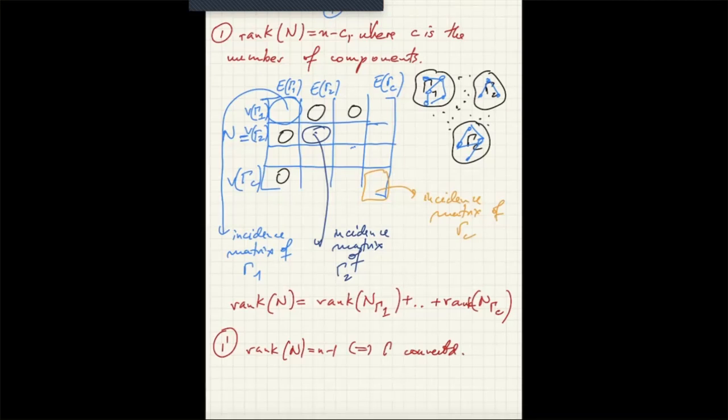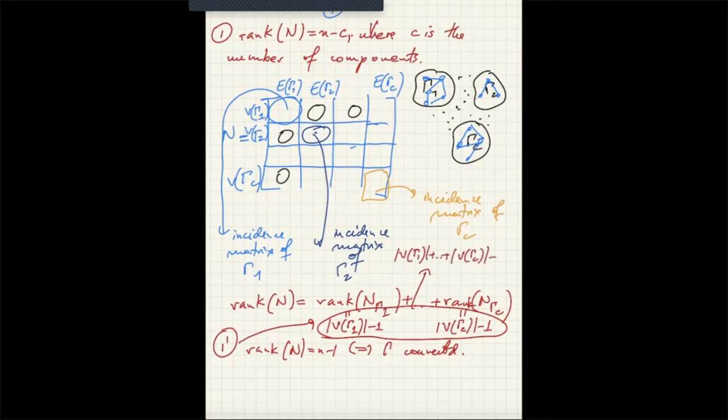If you assume 1 prime, which we'll prove in a second, then the rank of N gamma 1 will equal the number of vertices in gamma 1 minus 1, and similarly all the way to gamma C. When you add up all these numbers, we get the number of vertices in gamma 1 plus all the way plus the number of vertices in gamma C, minus 1 for each of them, which is C. Together, this gives us n minus C. So it's sufficient for us to prove that the rank of N is n minus 1 if and only if the graph is connected. Okay, so now let's prove that.